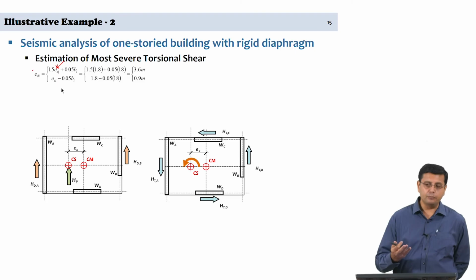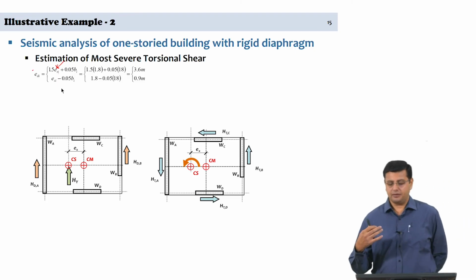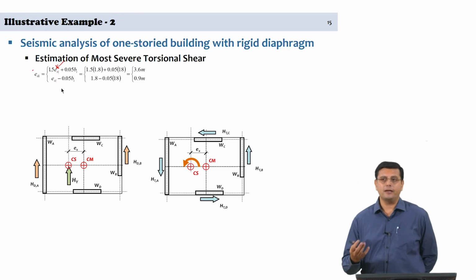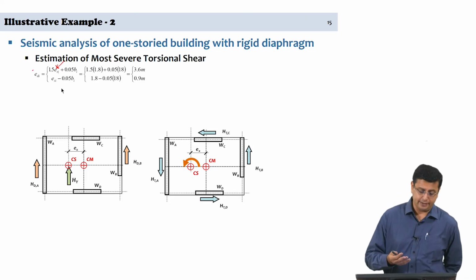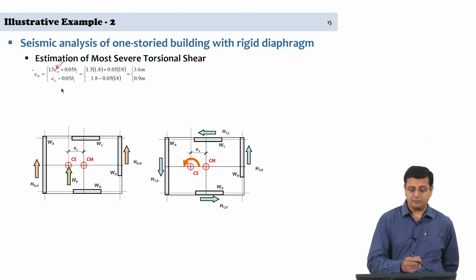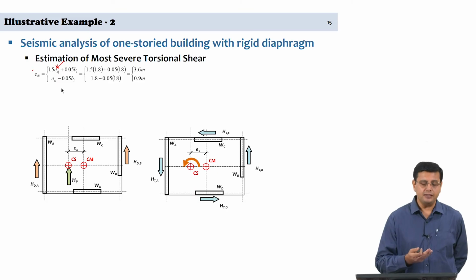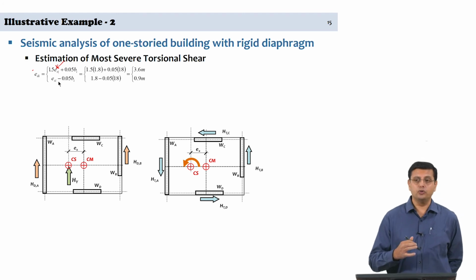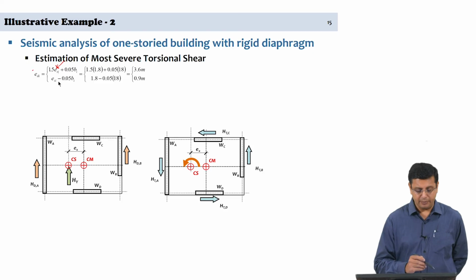So, typically as a thumb rule you would look at the eccentricity estimated plus or minus 5% accidental eccentricity. In this particular case that is what we are doing, and ESI minus 0.05 B would give us a worst scenario, and that is how the code prescribes the amplification, using a dynamic amplification in one case, and we do not use the additional effect of the dynamic amplification in the one below.